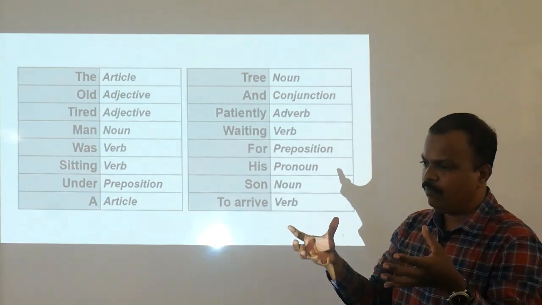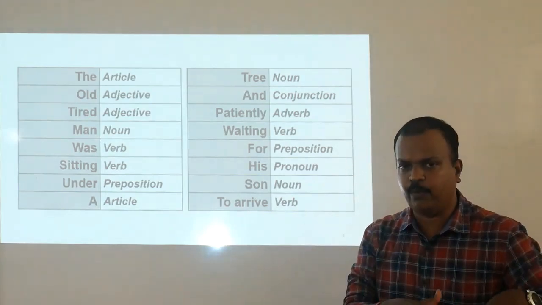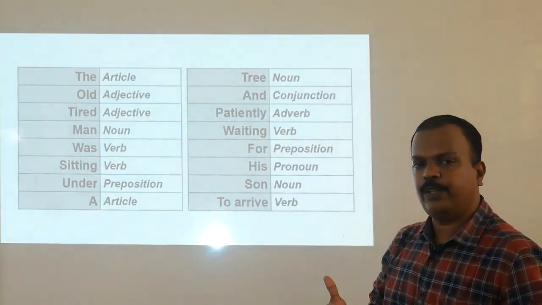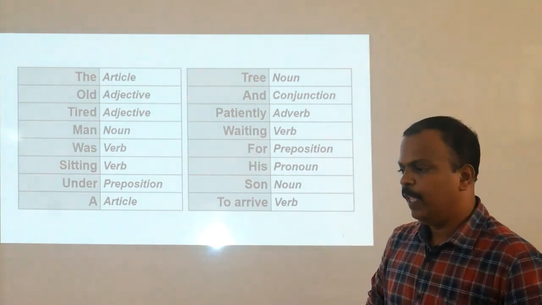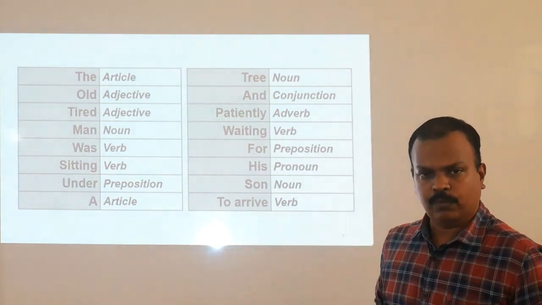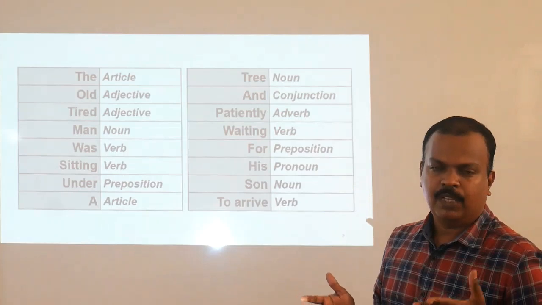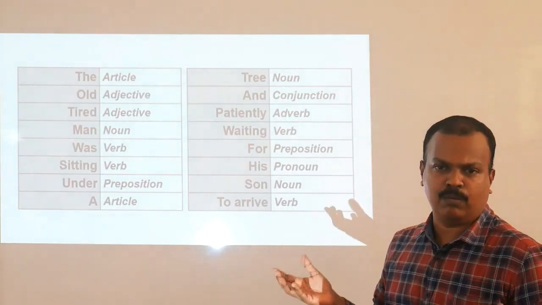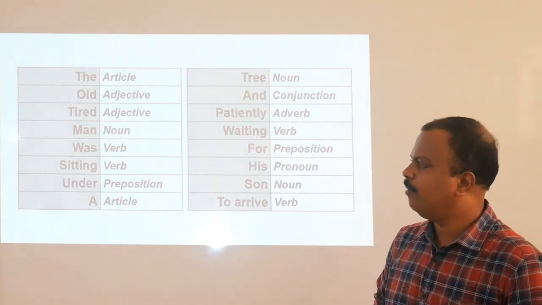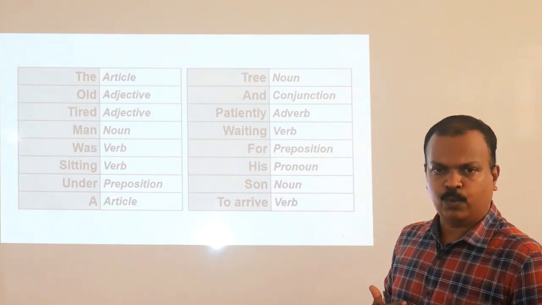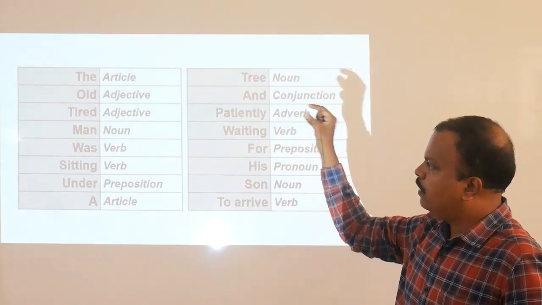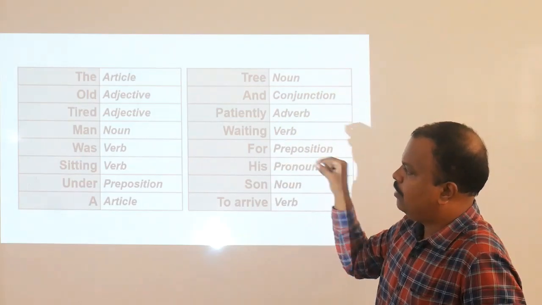And because somewhere in the conversation before, assume that we talked about this man already, so you and I both know, just assume that we know this man. Then he becomes a definite noun, so we use a definite article. So we know that man, he is known to us. Article the is used. The, old, tired.